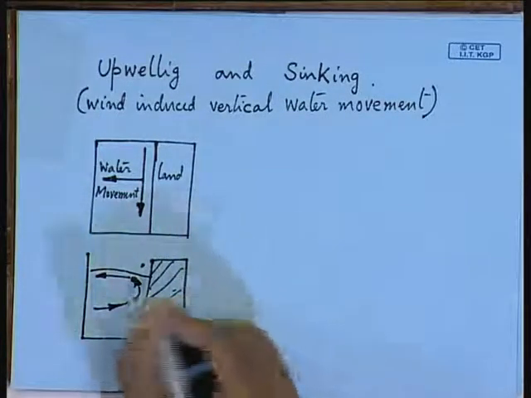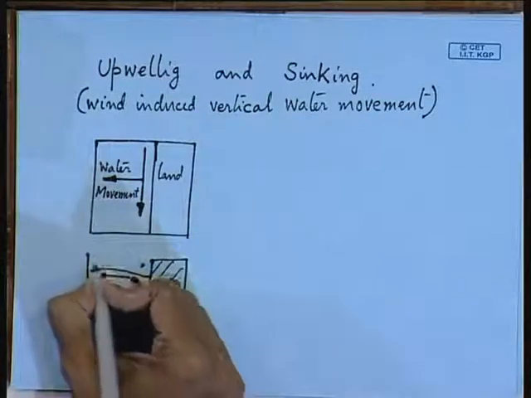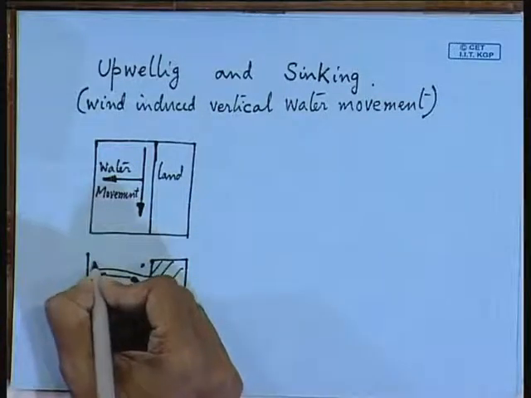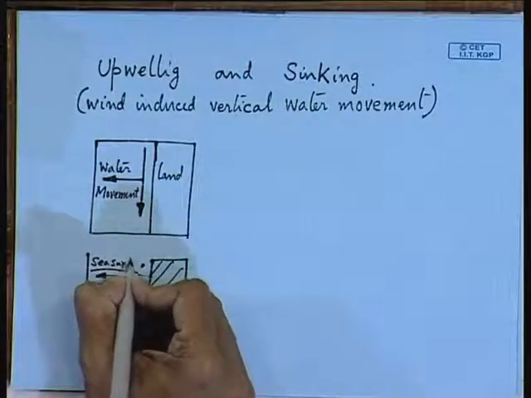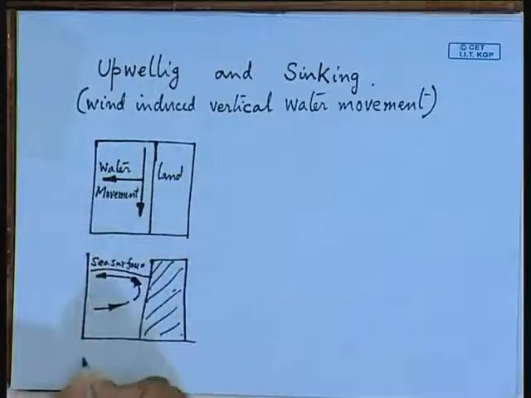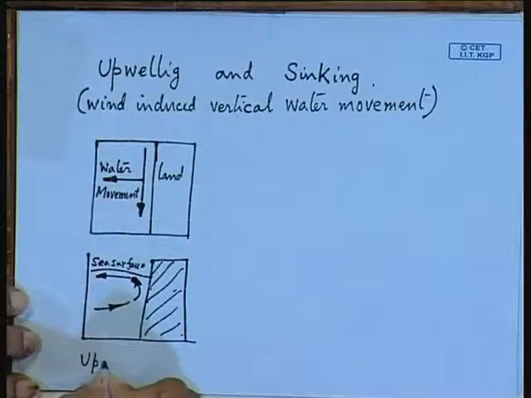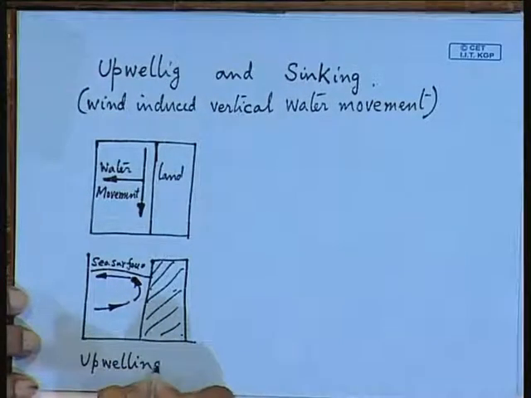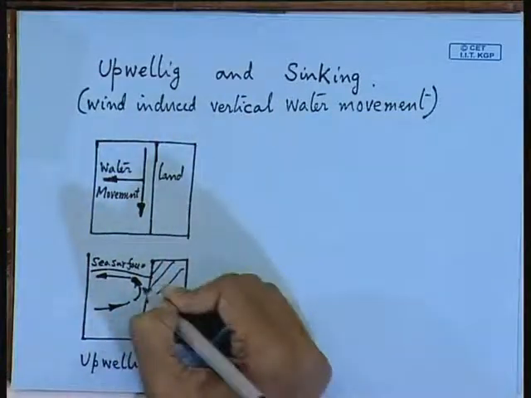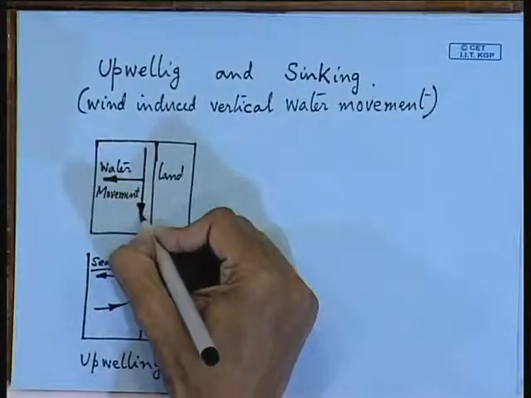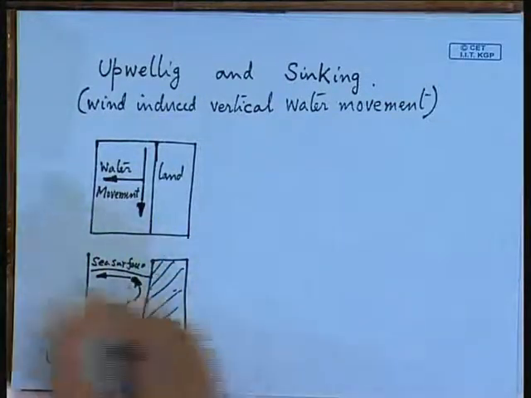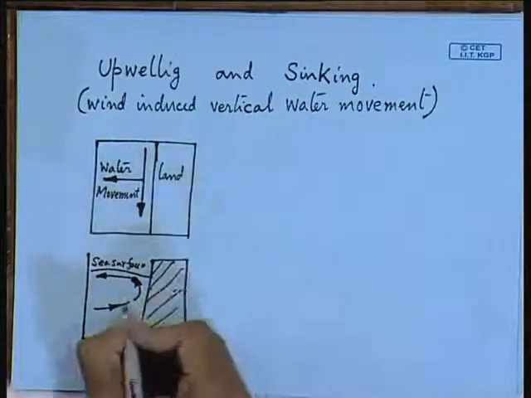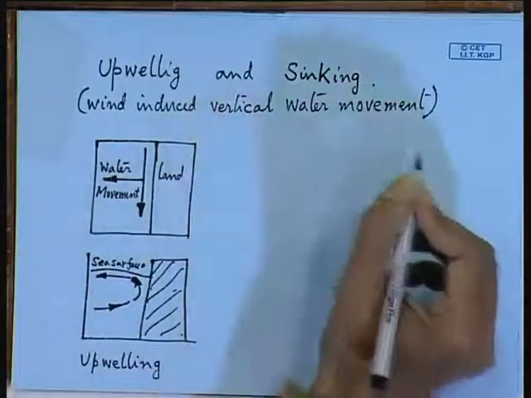So this is the phenomenon which is called upwelling. This is your sea surface. So in this, actually the bottom waters are driven to the surface because of displacement of the surface water, that is, you are moving surface waters away from the shore, you are causing some kind of a vacuum and your bottom waters are coming up.